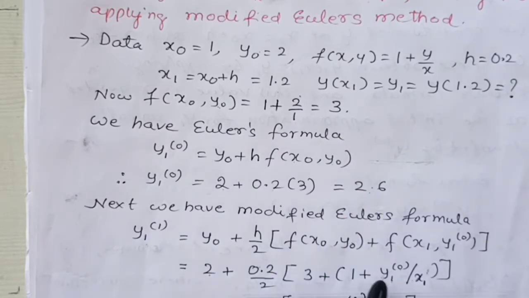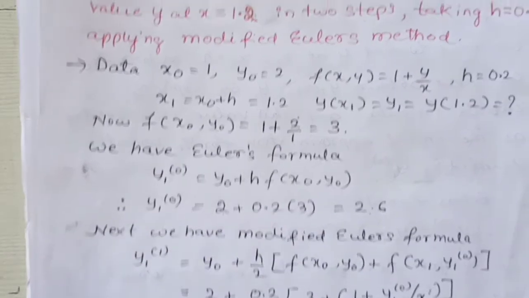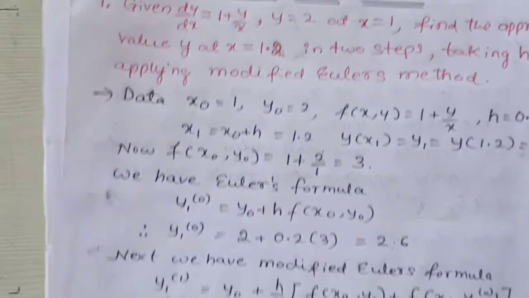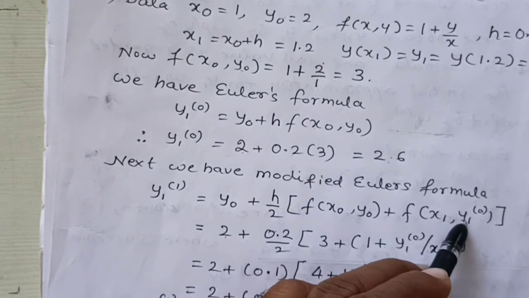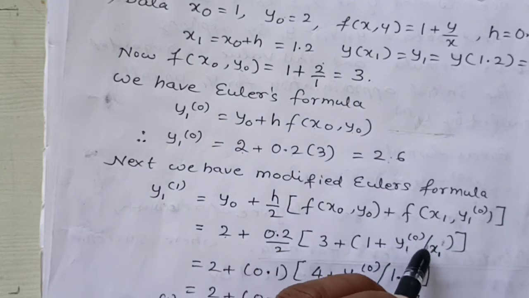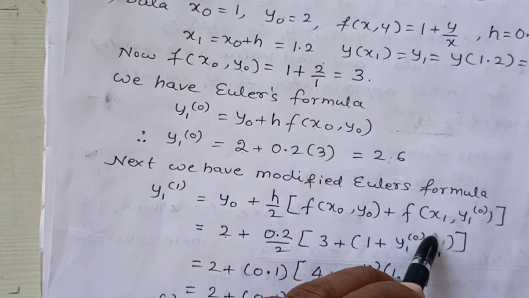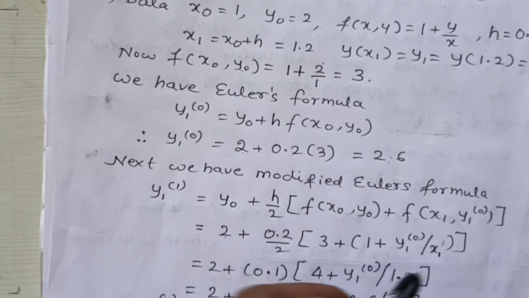Next 1 plus, now f of x1 y1, 1 plus, not x by y, in the question it is y by x. So we have to change here, y is how much? y1 at 0 divided by x1, y by x.